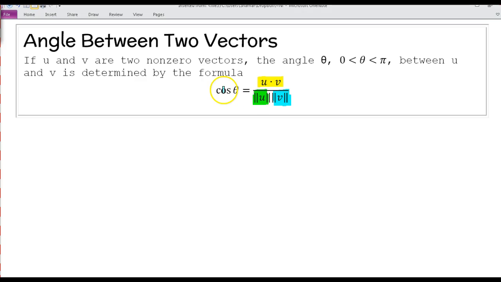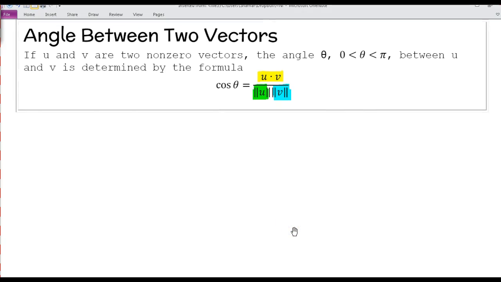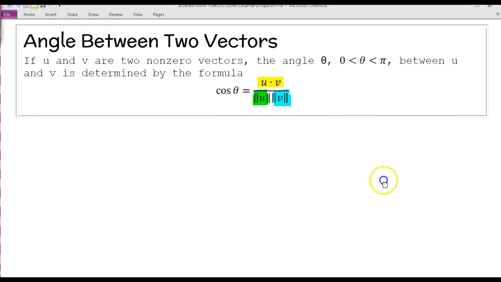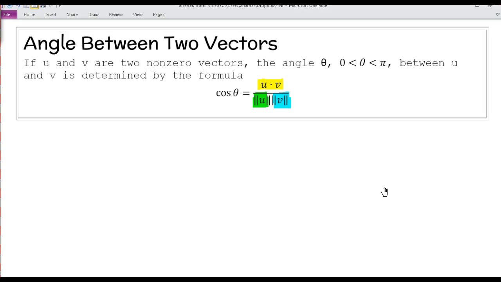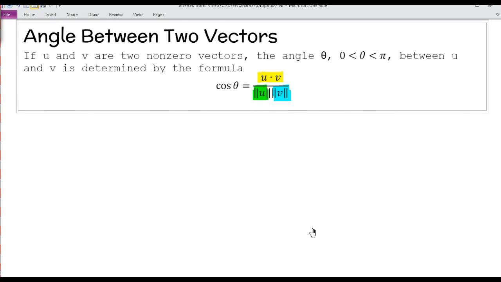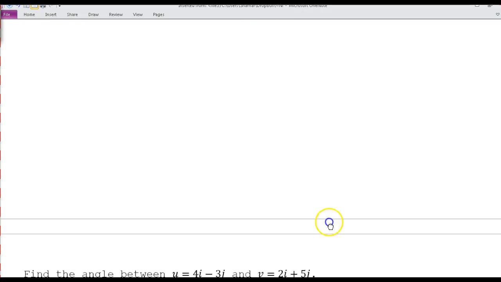Okay, and then at the end, don't forget, in order to solve for theta, we're going to have to take the cosine inverse of both sides. So there are other ways you could find the angle between two vectors. You could find the angle that each of them forms with the positive x-axis and then subtract. This is going to be a much easier way.